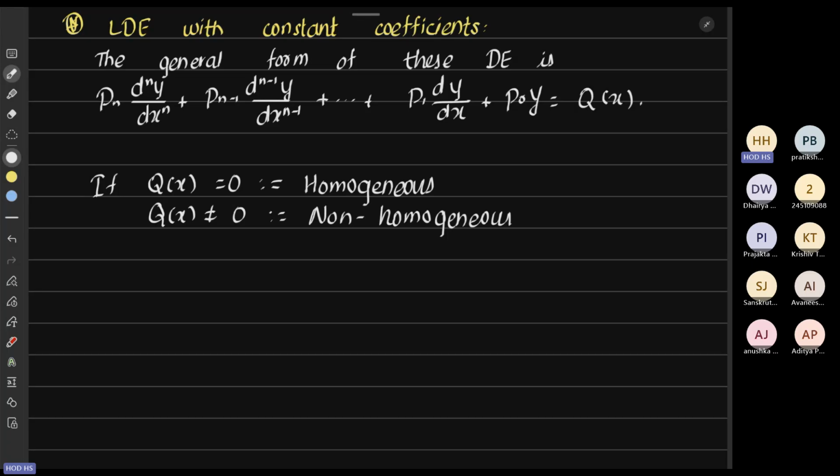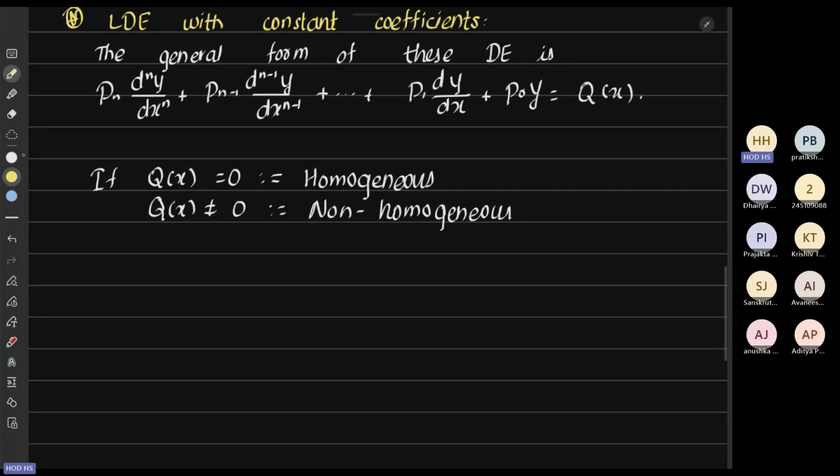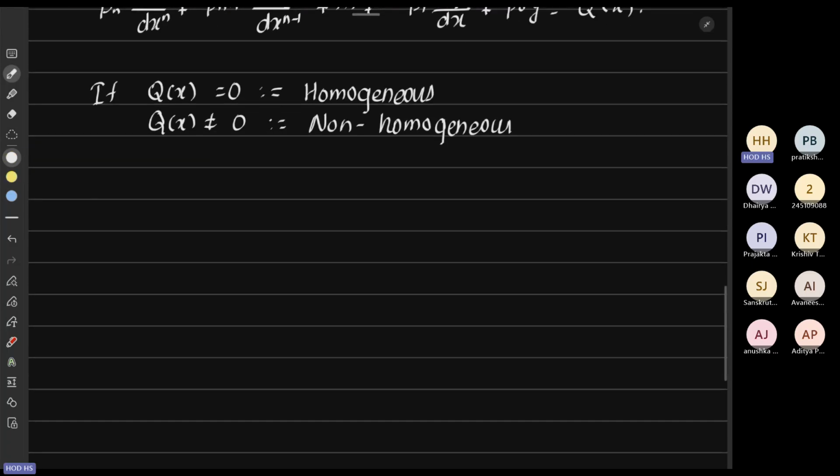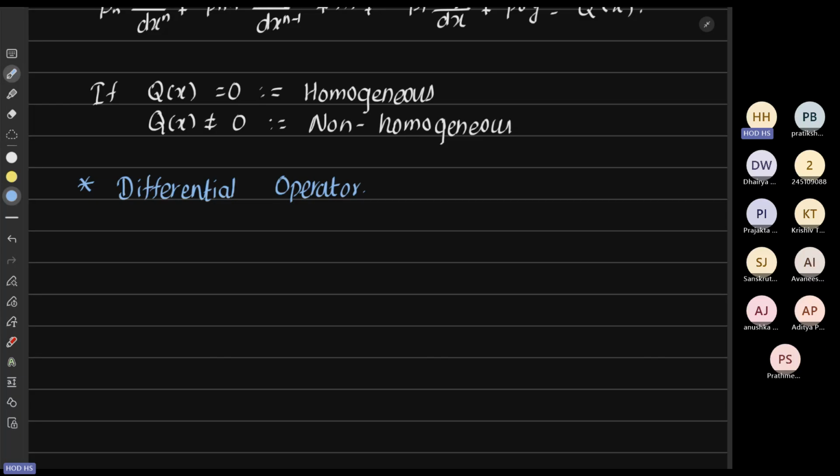Now, let me introduce you to one notation which is called the differential operator. This notation will be used throughout this revision. Even in the question paper, I may ask you questions using this differential operator.